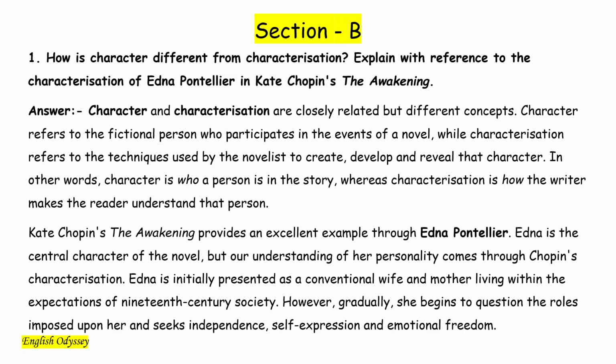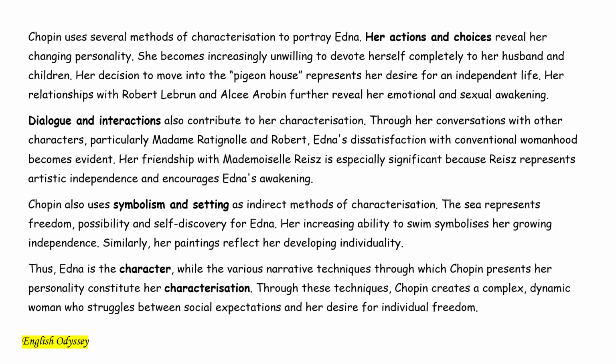Edna starts questioning the traditional role of a wife and mother and gradually seeks independence and self-expression. Thus, her paintings, her relationships, and her decision to live independently all contribute to her characterization. So while Edna is the character, the different techniques used to present her personality are her characterization.